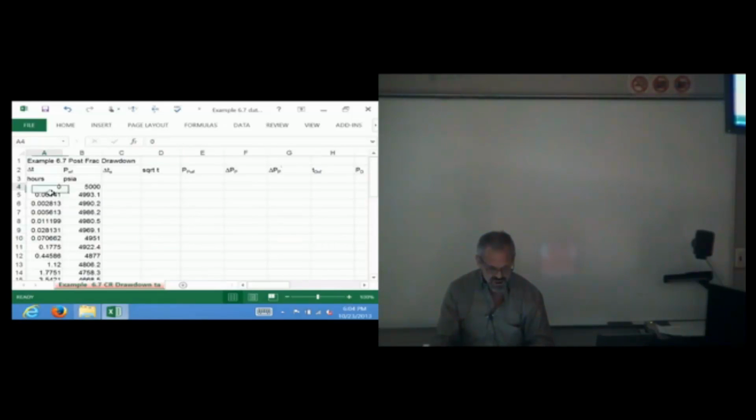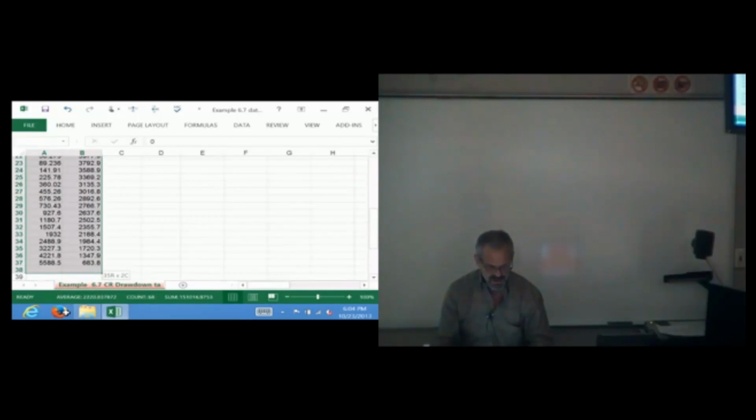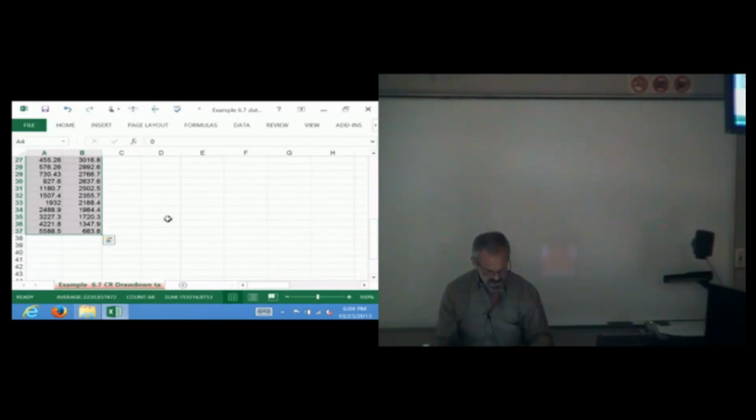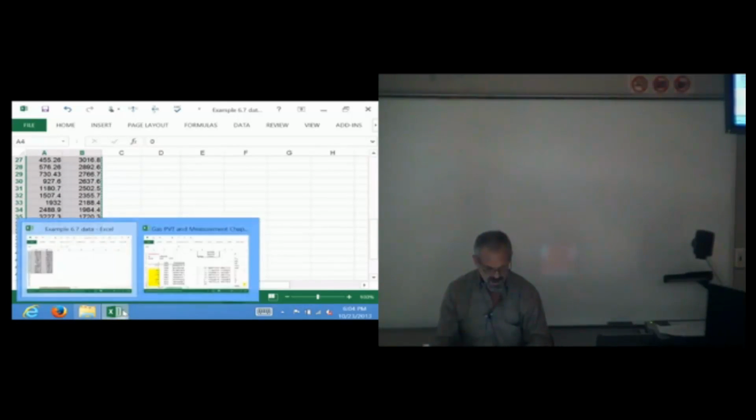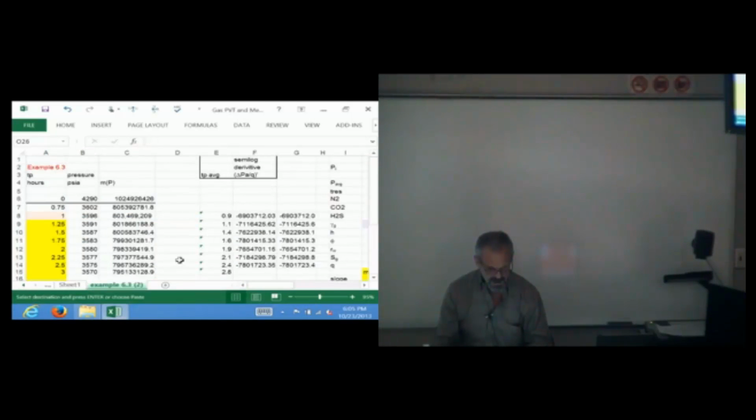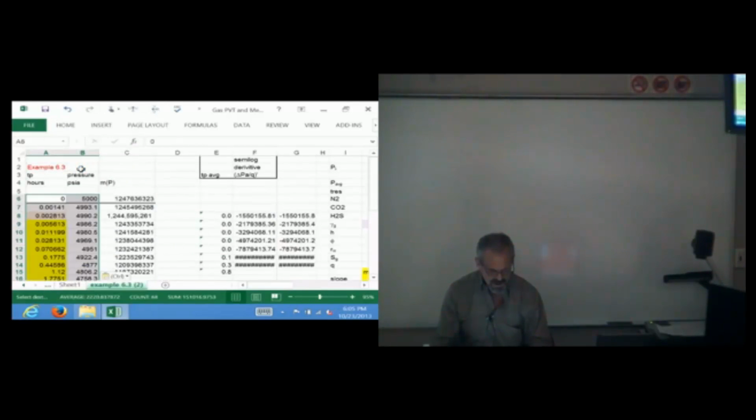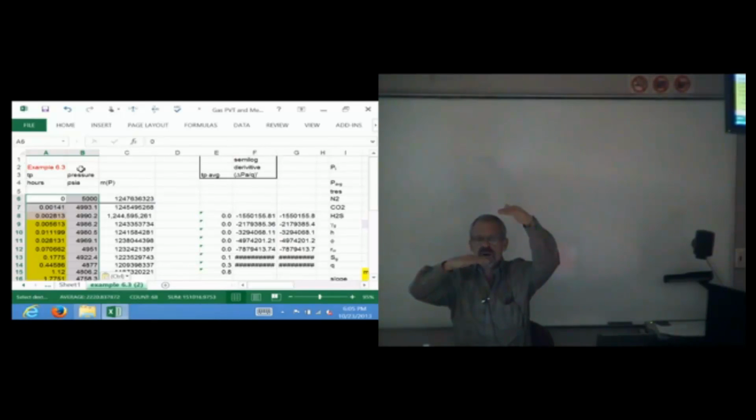Let's just strip this pressure time data into a copy of example 3.2. And I can see that I've drawn a line here. Now, I'm going to be real careful because when I copy paste, if my previous data file is longer, I want to make sure to delete it.